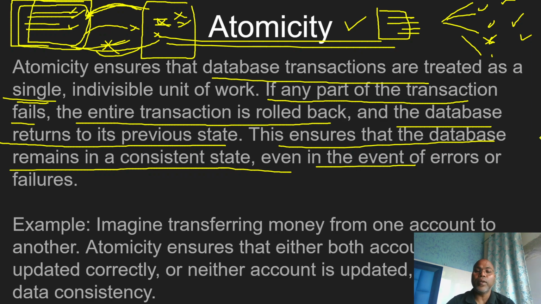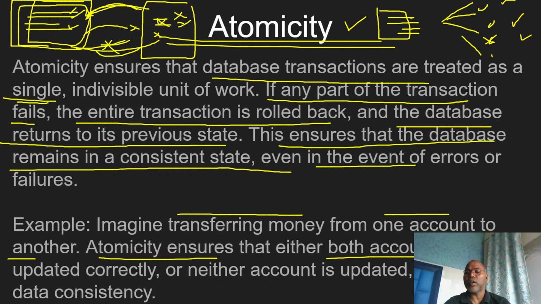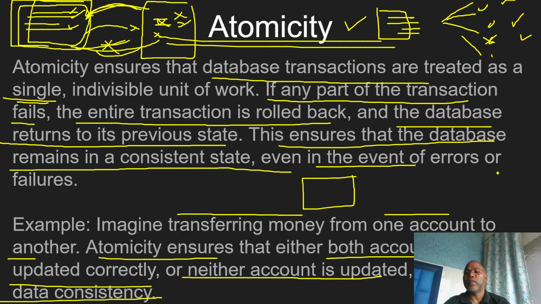A good example: imagine you are transferring money from one account to another account. Atomicity ensures that both accounts are updated correctly, or neither account is updated, to maintain data consistency. Let's say this is account 1 and this is account 2.